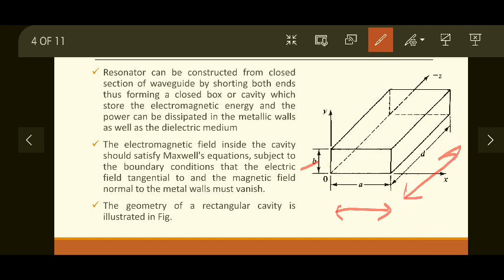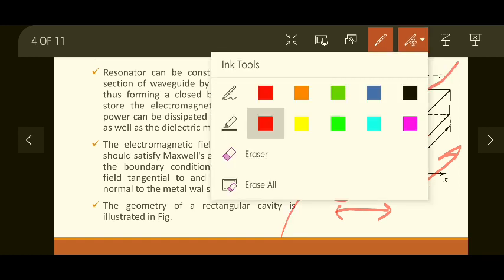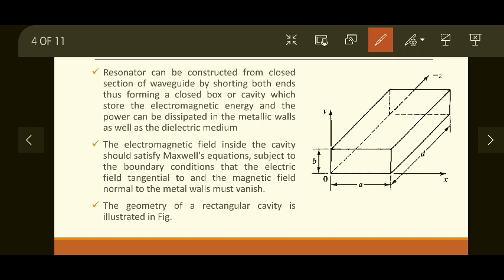In the waveguide, we were not discussing D because the propagating wave through the waveguide was propagating for infinite distance. But in this case, our wave has to limit itself or has to be confined within this particular geometry. It should not go beyond this geometry.